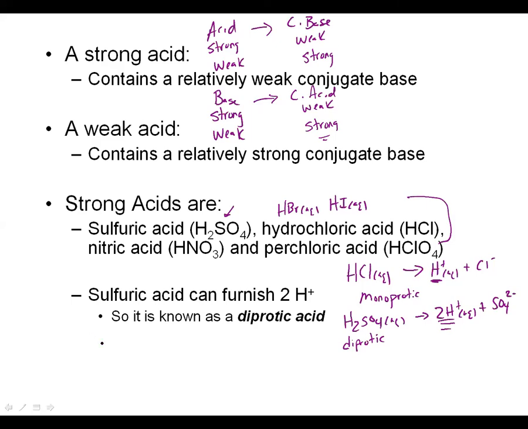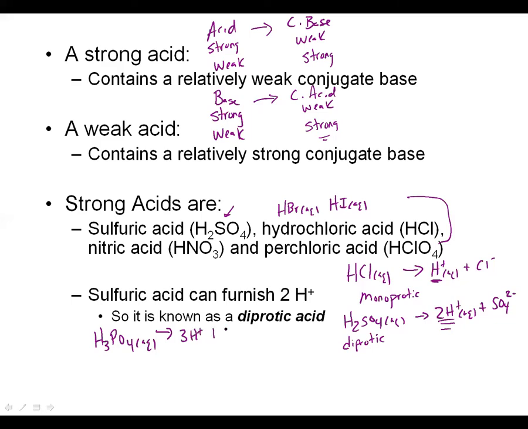And there's also something like phosphoric acid. Phosphoric acid is H3PO4, and H3PO4 has 3 H's that it can donate. When it donates, just like H2SO4, these will come off one at a time.